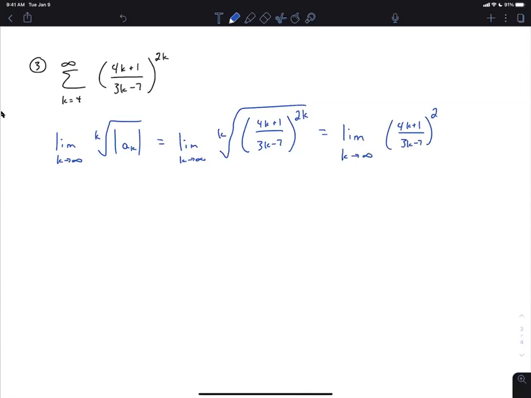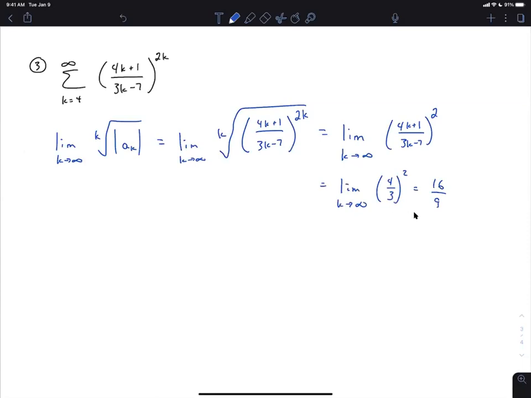Okay, and then there's a couple ways to think about this. I think the easiest way is within the parentheses, the limit is pretty clearly 4/3, because it's 4k over 3k, and so then you get 16 over 9 for this limit. Does everybody follow that? And you could probably drop the limit as k goes to infinity on this part if you wanted to.